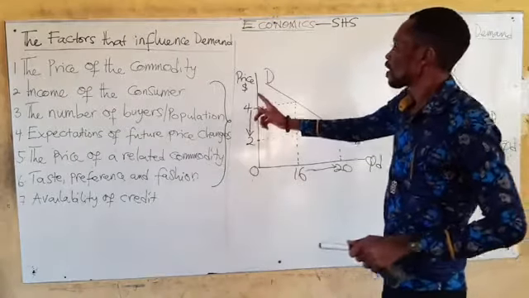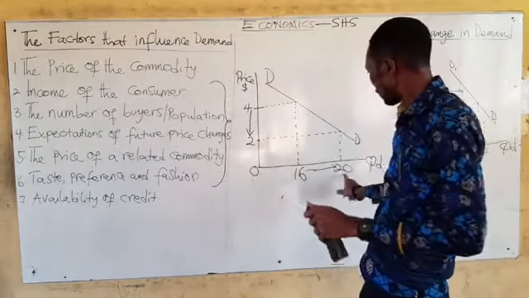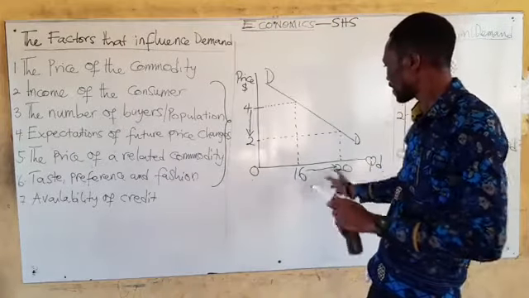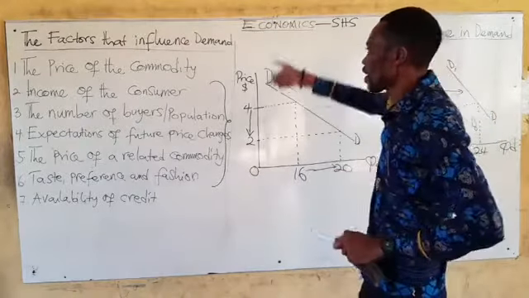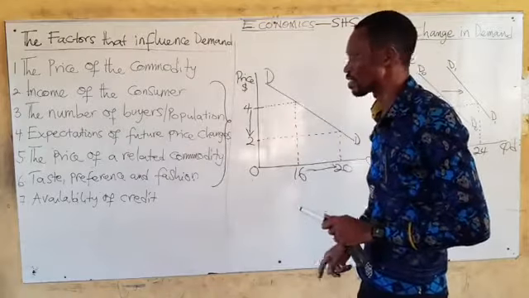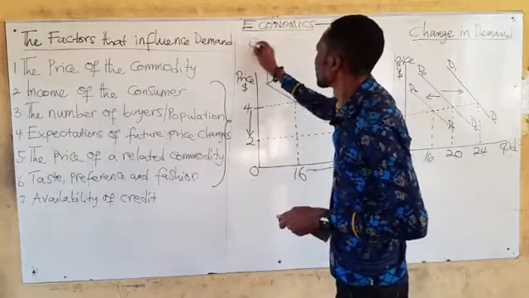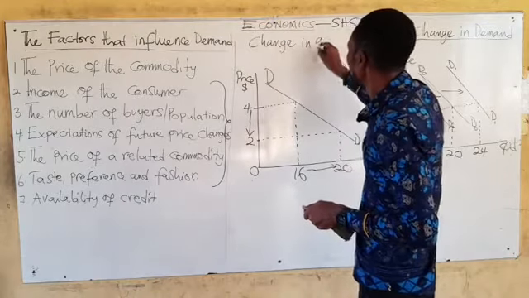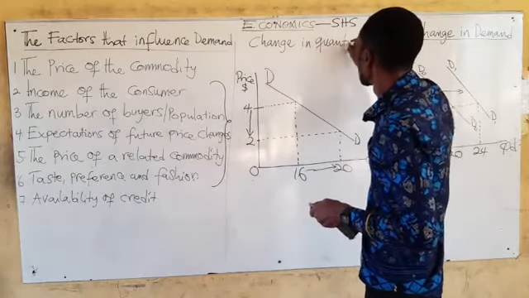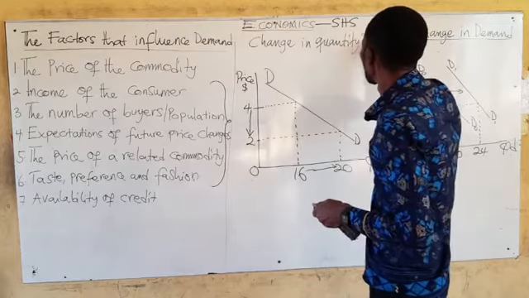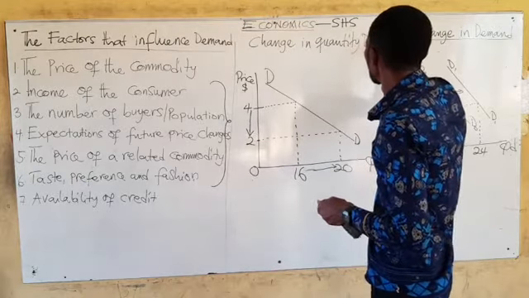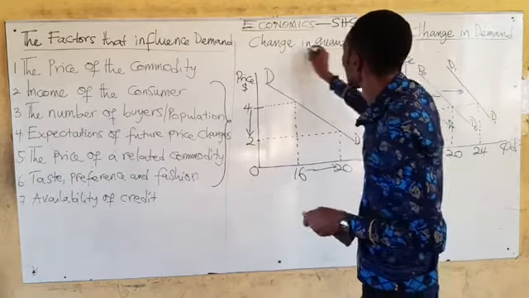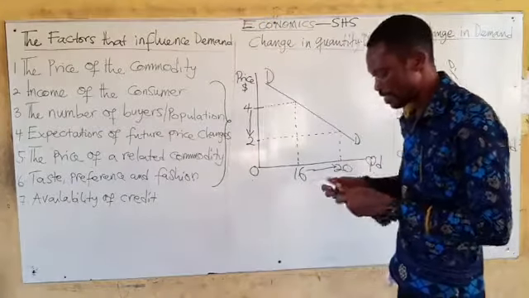When the change in the quantity you are buying is caused by the price of the commodity, we call it change in quantity demanded.